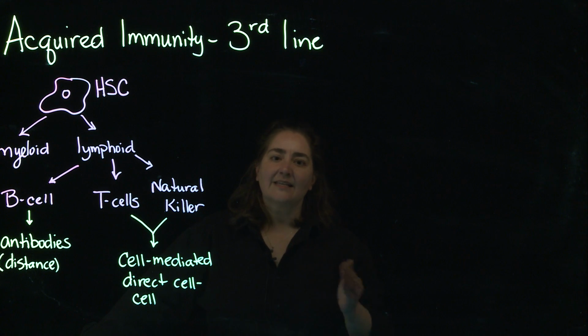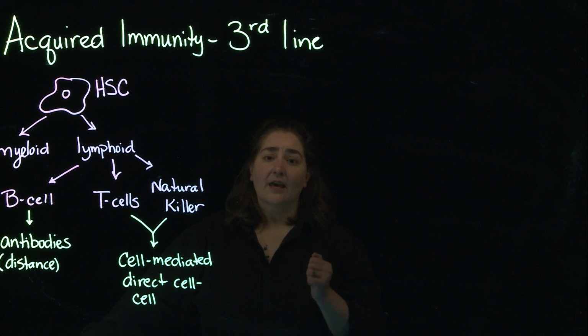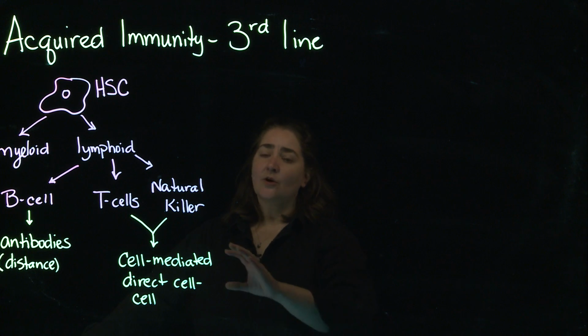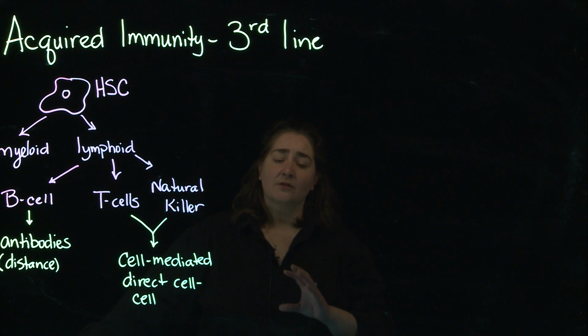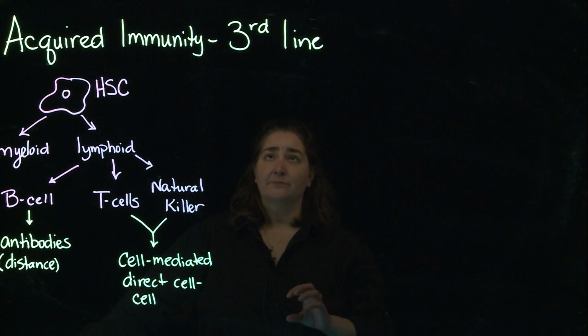All right? That's kind of how the concept of vaccination is going to work. And we're going to talk about vaccination next week specifically, but we will talk about the components of the immune system that are going to be involved in that this week, all right?